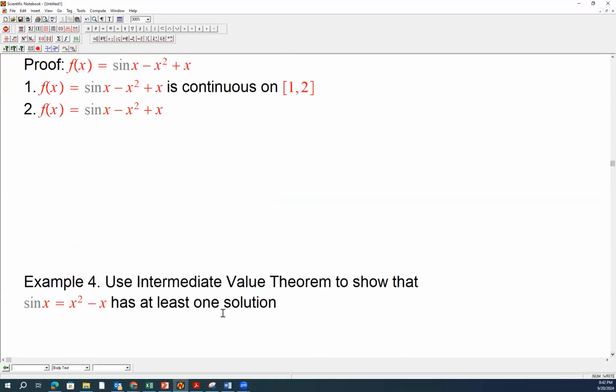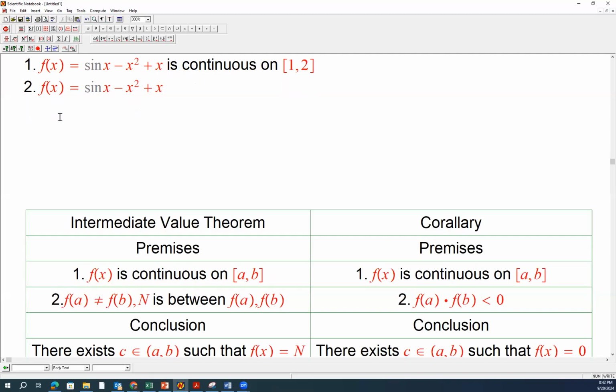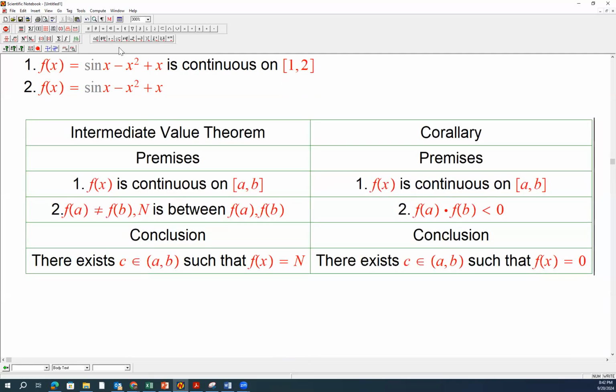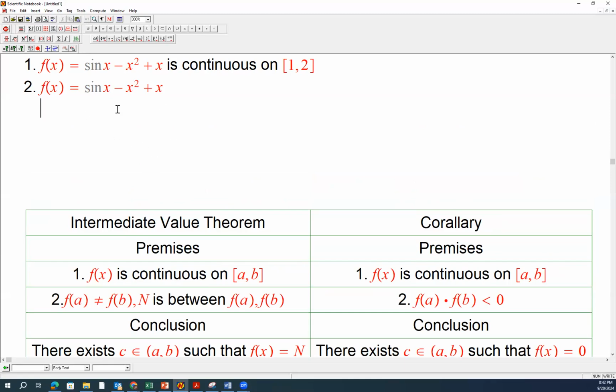Okay, we don't need to look at the scratch paper. So this function right there will be evaluated at 1 and 2.